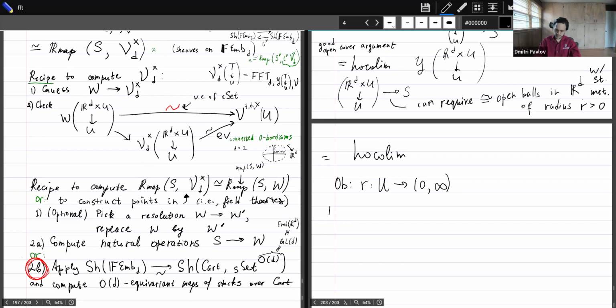And morphisms, well, what are the morphisms in this category of elements, or if we prefer, the comma category?